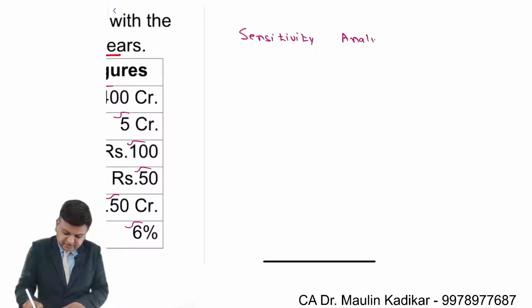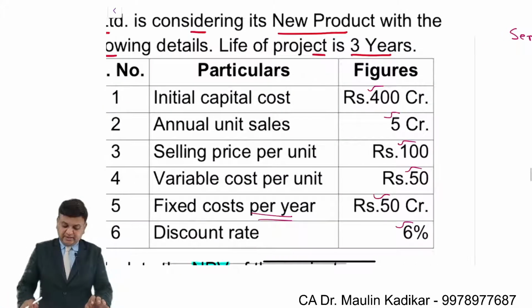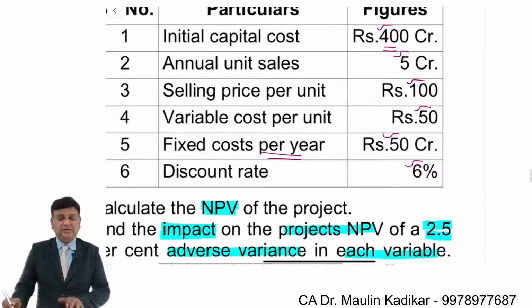What do we understand with the term sensitivity analysis? Sensitivity analysis means we are trying to test, we are trying to judge that what will be the impact on NPV with adverse change in each of the variable individually. Means if at all the initial investment increases, then what is the impact on NPV?